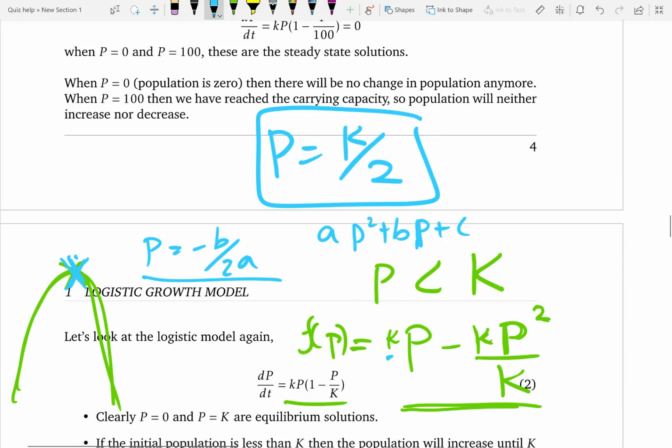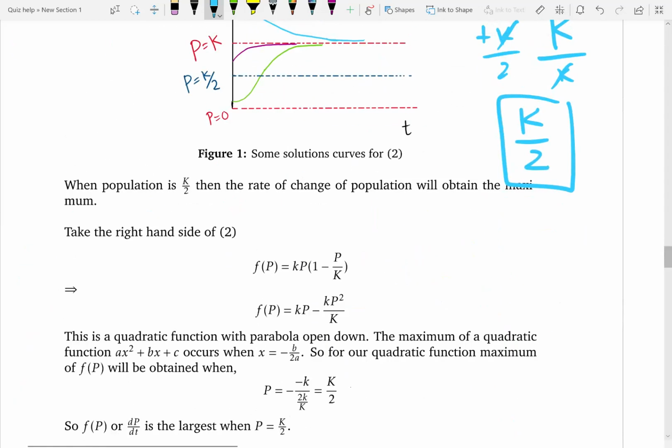When the population is exactly half of the carrying capacity, at that time you have a maximum population growth rate. The growth rate is maximum, not the population. The rate of change of the population is fastest when the population is half of the carrying capacity.